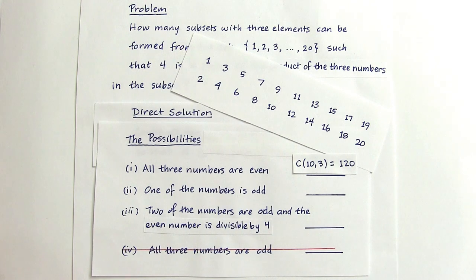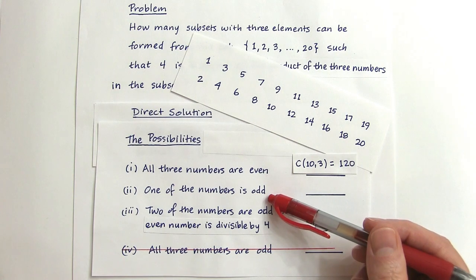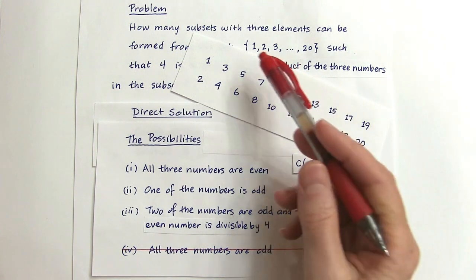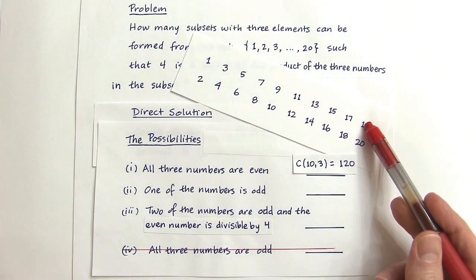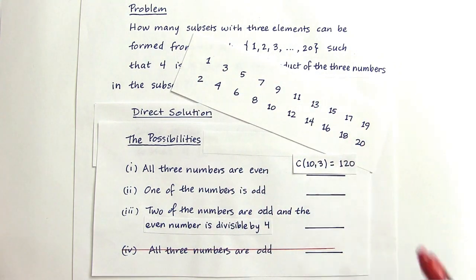The next possibility, we're going to choose one of the numbers as odd and 2 of the numbers as even. So we're going to choose one odd number from the set of odds, and we're going to choose 2 evens from the set of evens. This is like example 5.